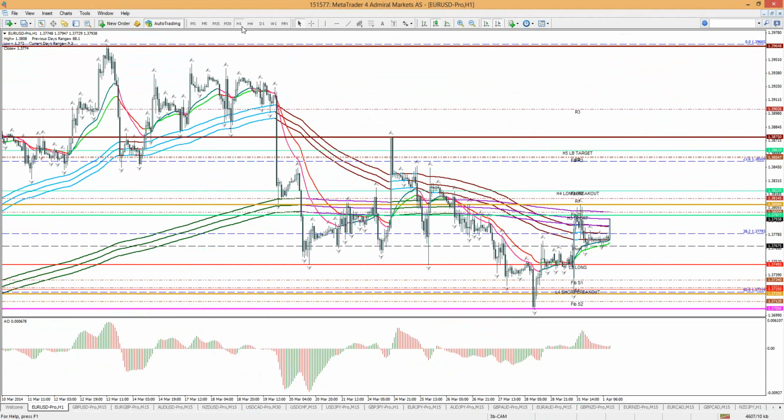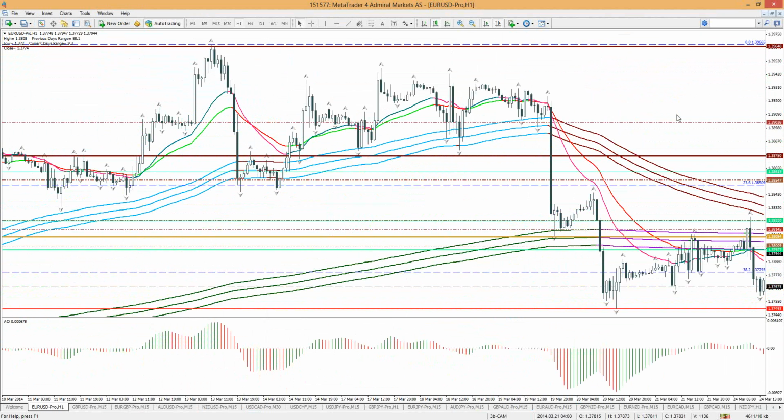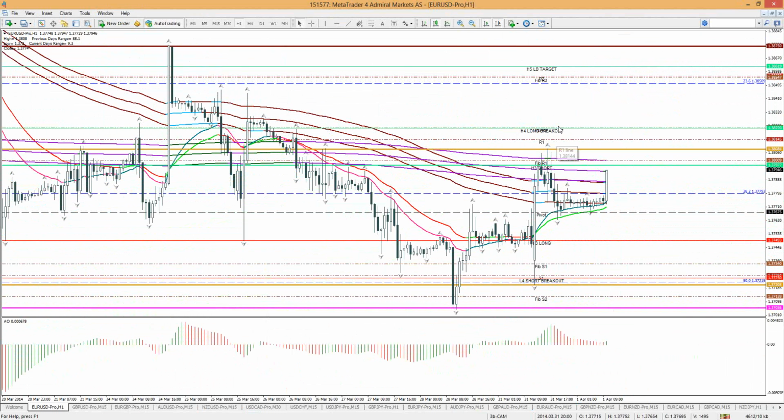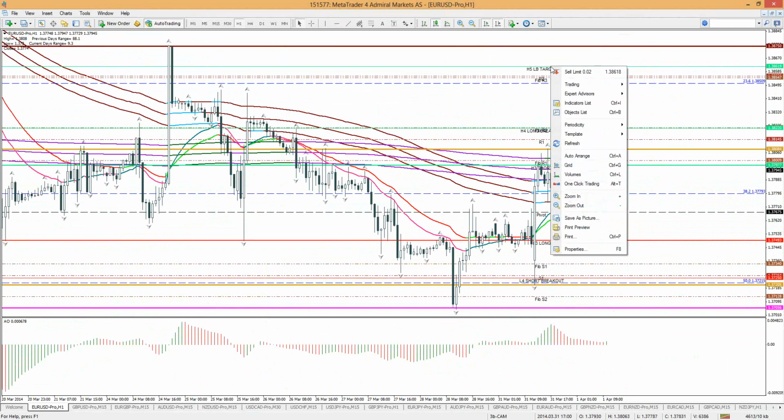From a bigger perspective, for instance, Wei is saying that the euro dollar is pushing against the 200 EMA of the 1-hour chart. And if you look at the hourly chart, you definitely see a lot of choppiness.